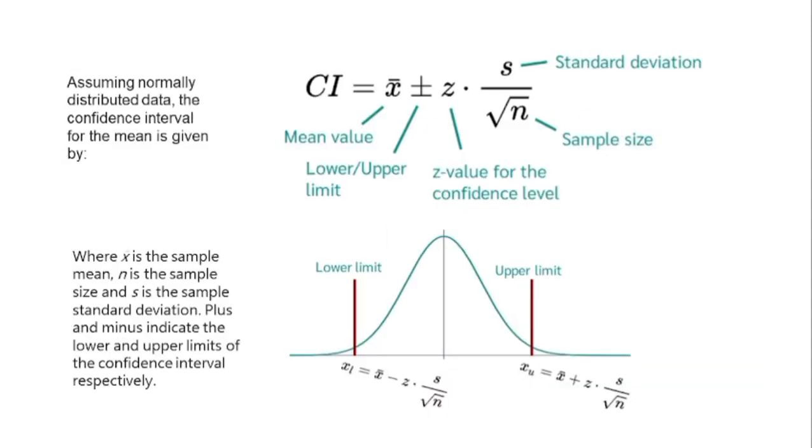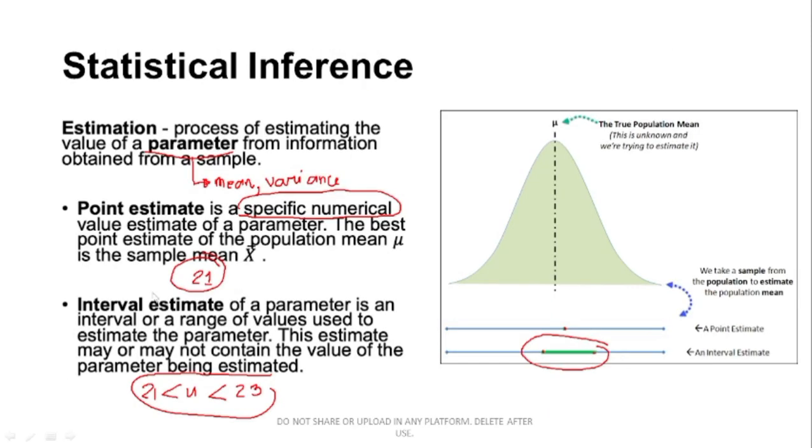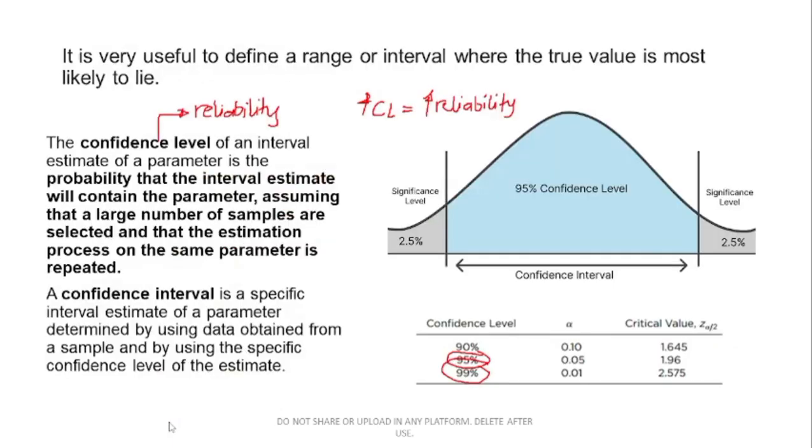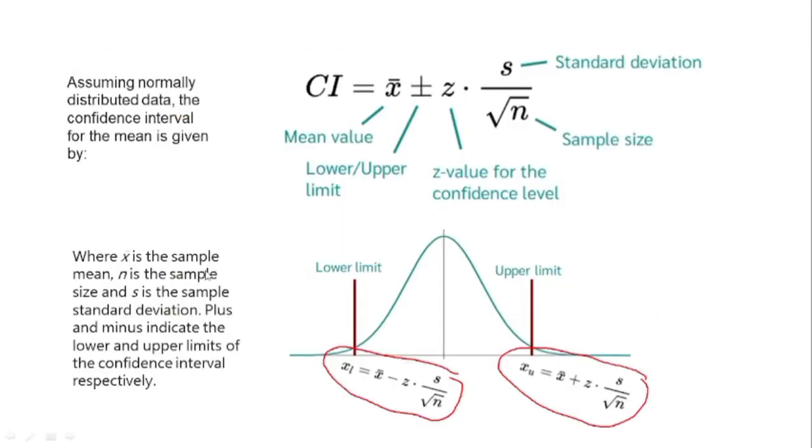Okay, so itong confidence interval, we have a formula to use dito sa pag-solve ng ating interval. Kasi 'di ba, dun sa interval estimate natin kanina, mag-estimate ka lang ng dalawang value. But here in confidence interval, dahil nga may confidence level ka, you are going to use an equation para makuha natin yung magiging two values natin, or yung magiging interval natin. So we have this equation: x̄, the mean, plus or minus our z value times s over the square root of n.